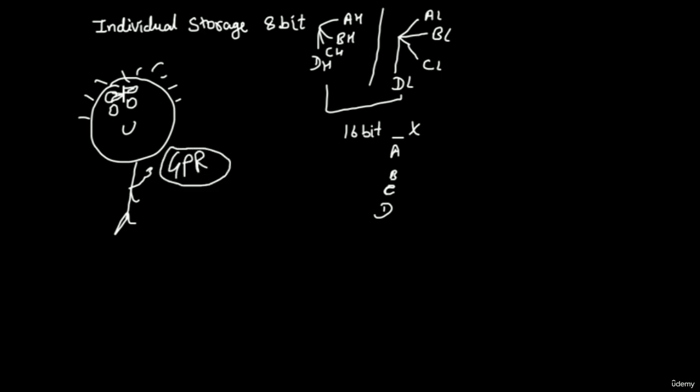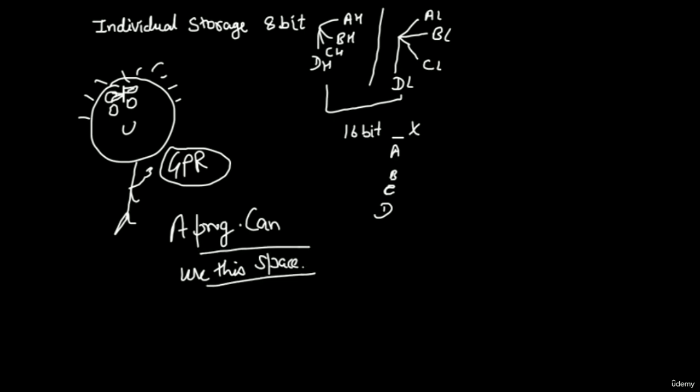It means a programmer can use this space as per their program. Now we, as the programmers or coders of our microprocessor, can decide what is going to happen inside of it, or what could be the possible structure for it.